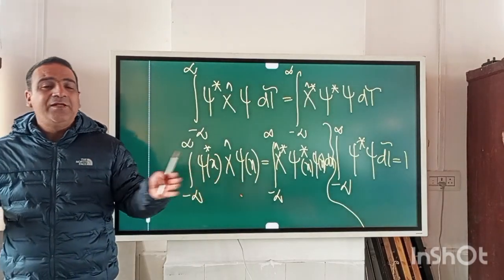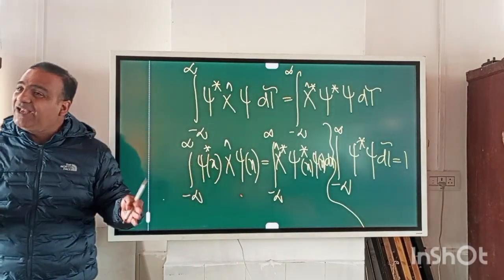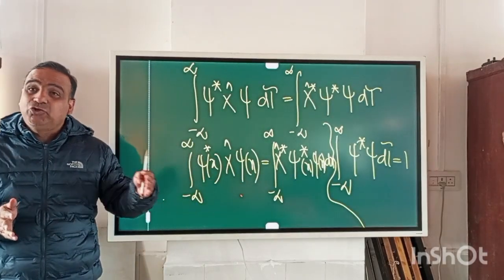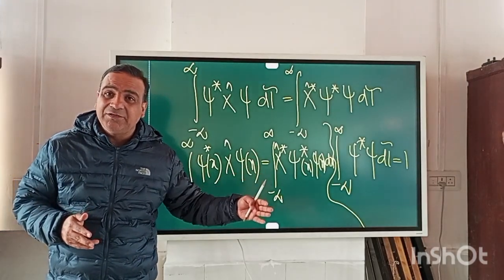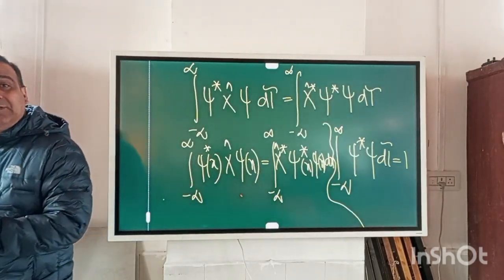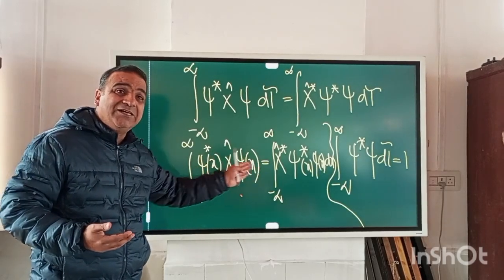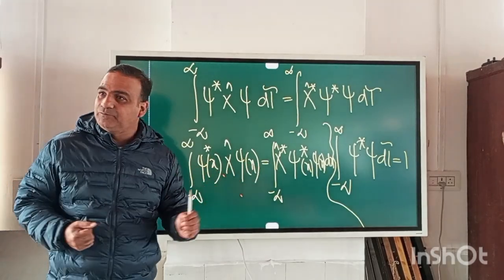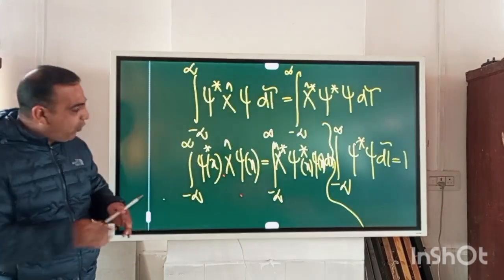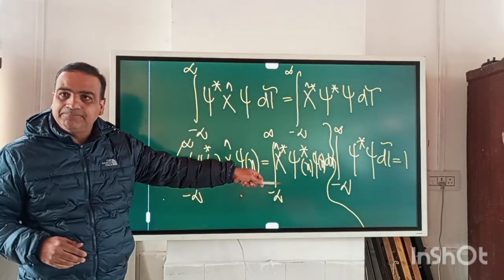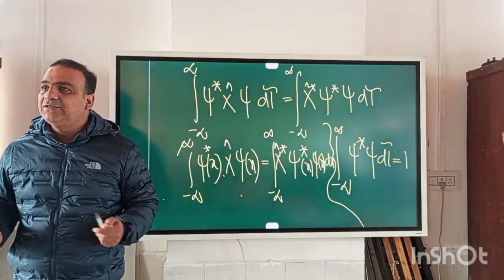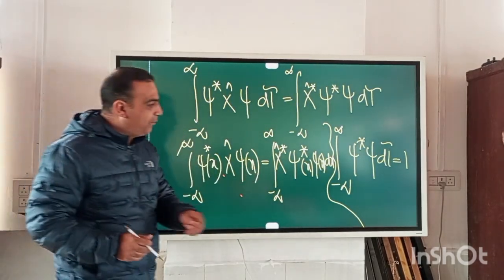I obtain two energy eigenvalues and two energy eigenfunctions. How would I define the condition for the operator to be a Hermitian operator? Is this clear to you? So when this condition is met, you will say that this operator is a Hermitian operator.